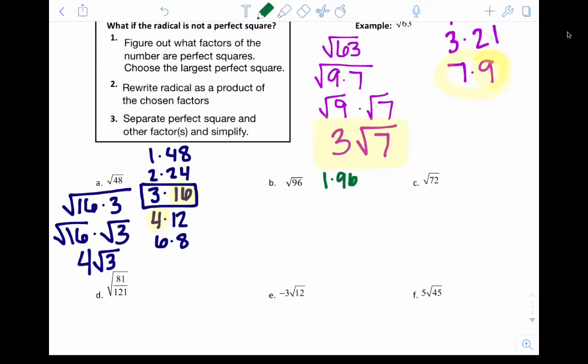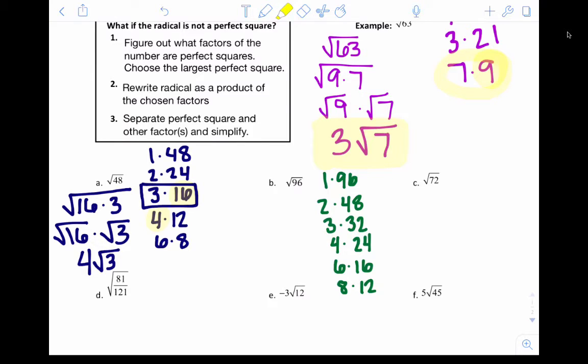So 96 would be the same as 1 times 96, 2 times 48, 3 times 32, 4 times 24, 6 times 16, 8 times 12, and then my numbers are going to start repeating.